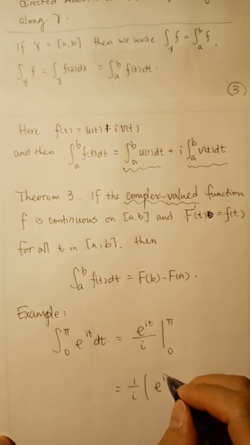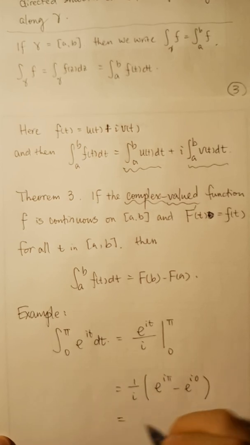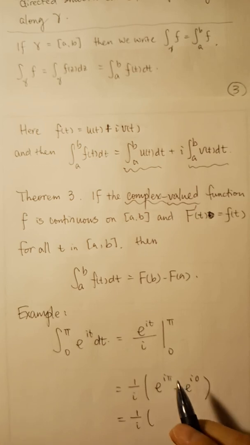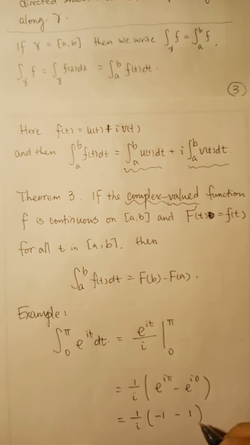So e to the i pi minus e to the i 0. E to the i pi, the argument is pi, so it's negative 1. E to the 0, the argument is 0, it is positive 1. So it's negative 2 over i. You move this i up, so you will get 2i, cancel with this negative.